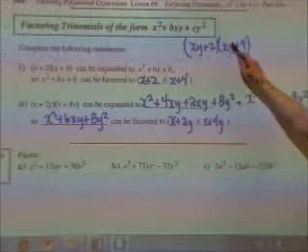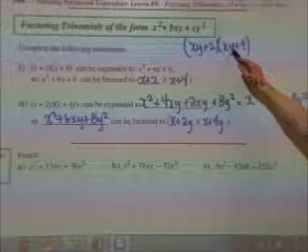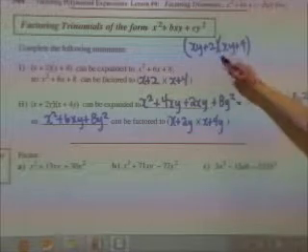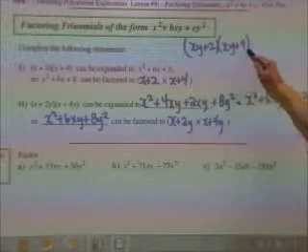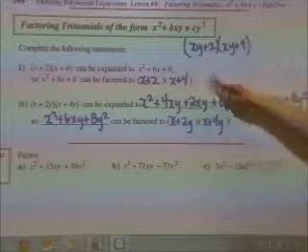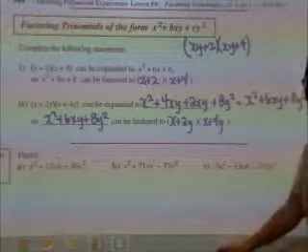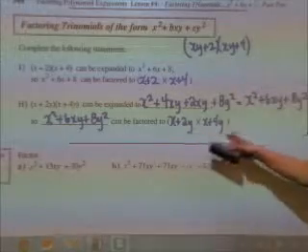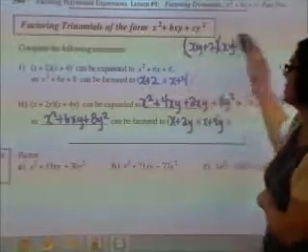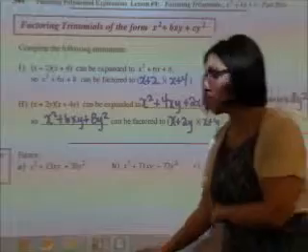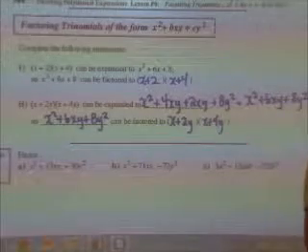What would my first term be in this one? X squared, y squared. And what would my last term be? It would just be 8, not the 8y squared. So that's how I know that the y has to go at the end, because I need this 8y squared. But my sum and my product, did they change how I find those?